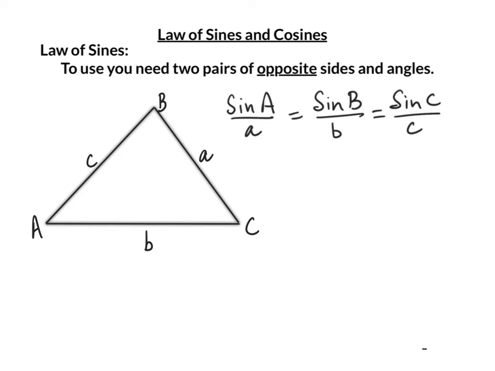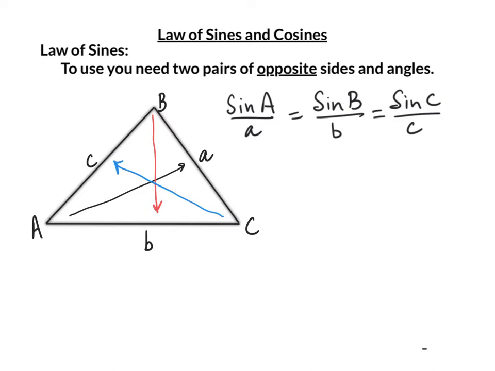In other words, opposite angle A is side little a, opposite angle B is side little b, and opposite angle C is side little c. For both law of sines and cosines, this is how your triangles are labeled.